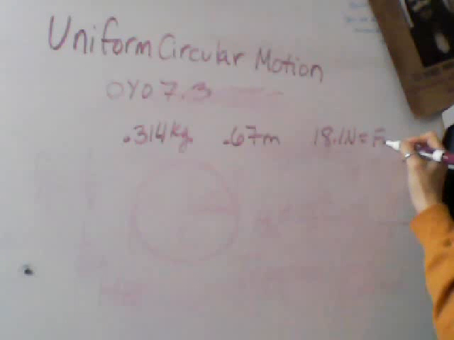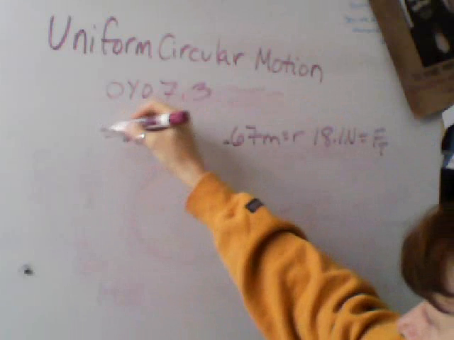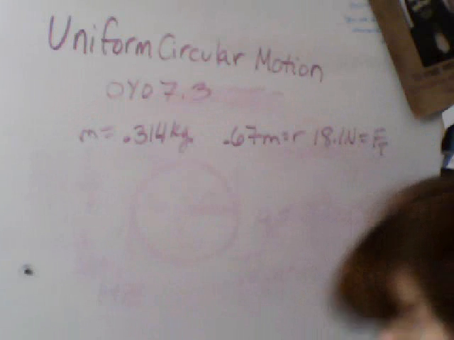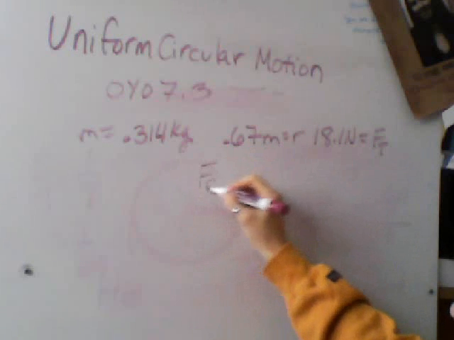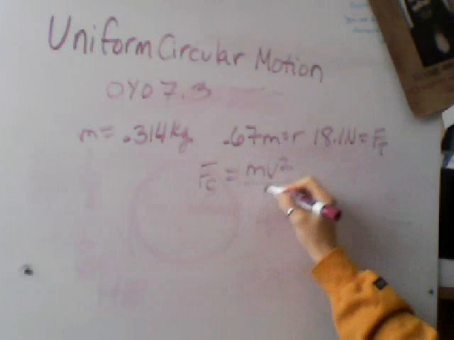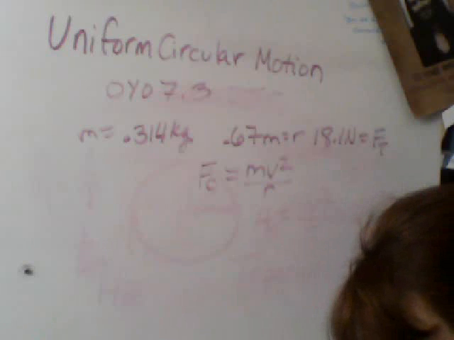So that's the force of tension. This is the radius, and this is going to be the mass. And so we are using the formula that centripetal force is equal to the mass times the velocity squared divided by the radius. So this is a pretty straightforward plug and chug.